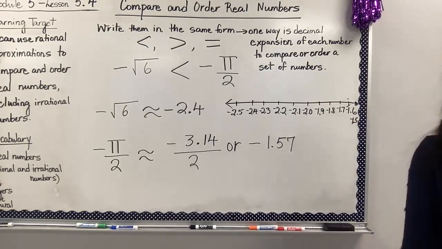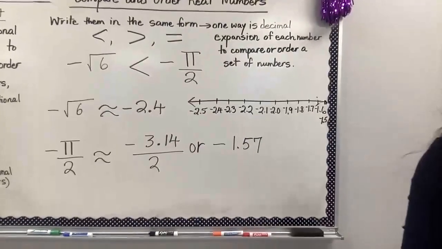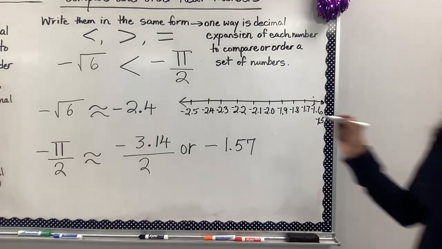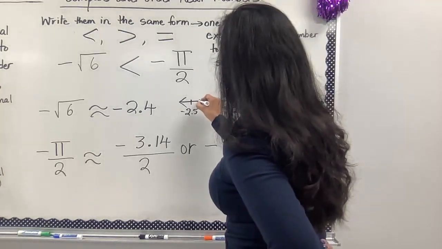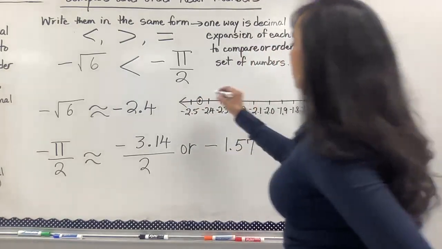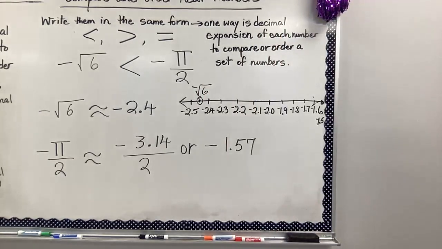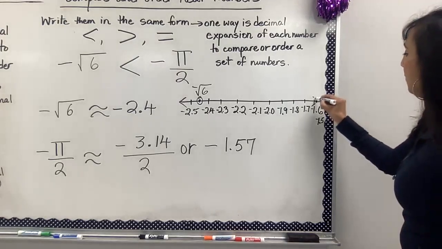If I was graphing this, we have negative square root of 6. This is going to be somewhere over here. So this is my negative square root of 6. And then negative pi over 2 is going to be here.